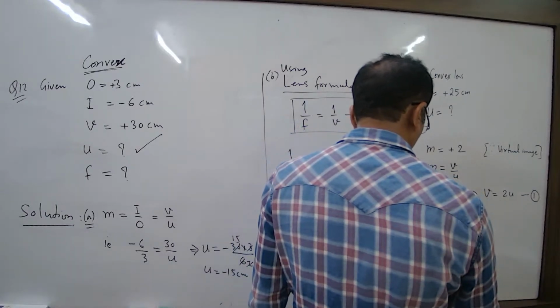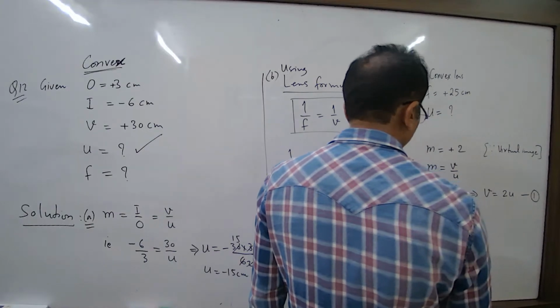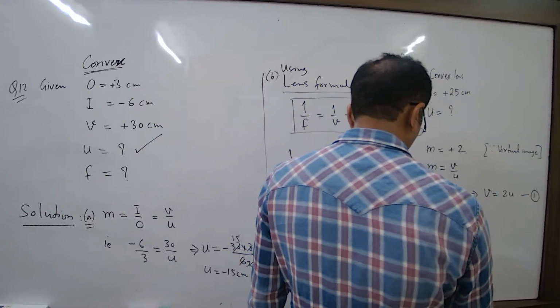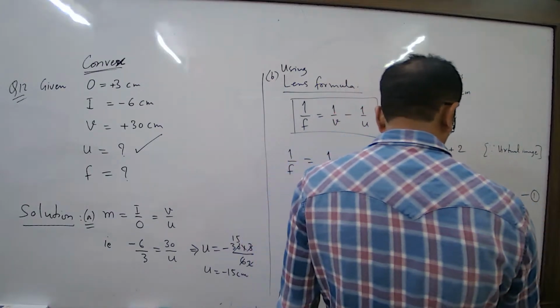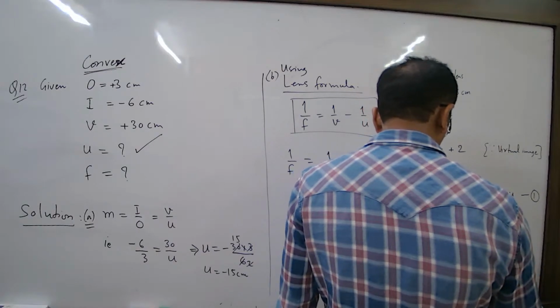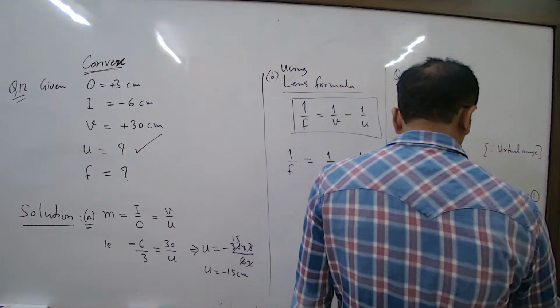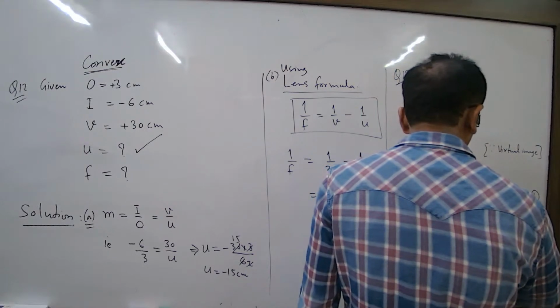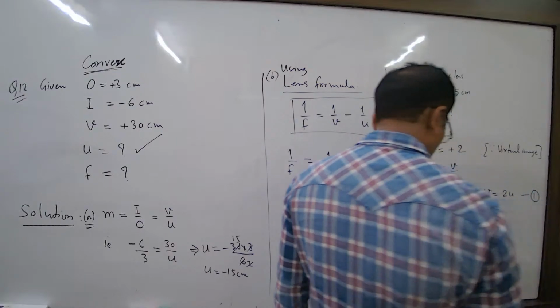So this is equal to 1 by 2U minus 1 by U. And what is that? 1 by 25. So this will be minus 1 by 2U. 1 by 25 is equal to minus 1 by 2U. Right?